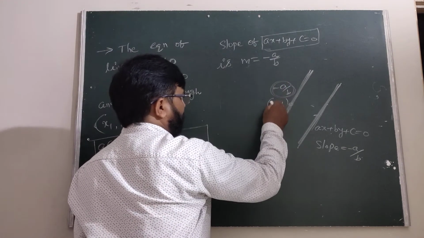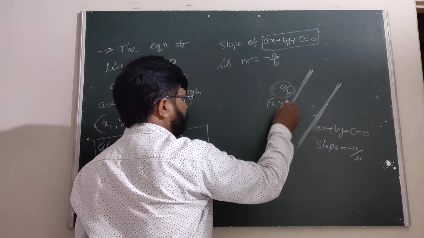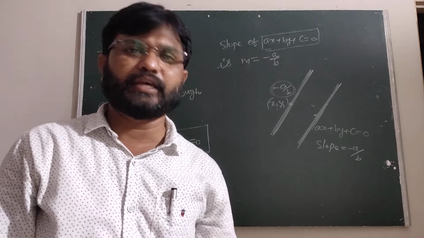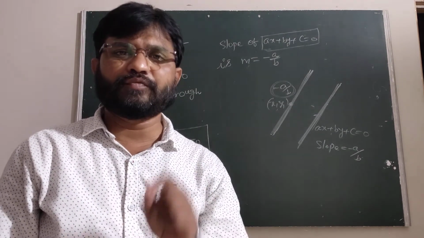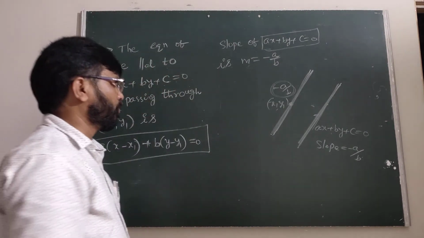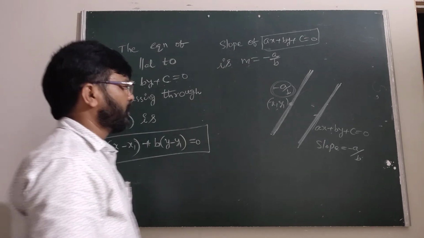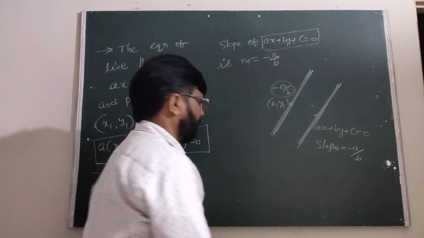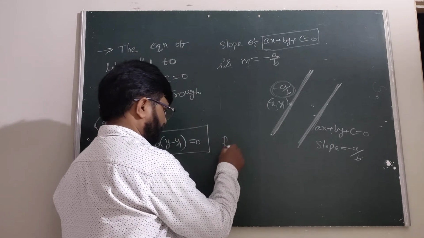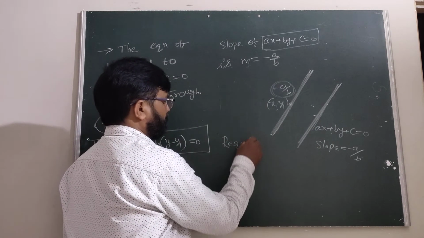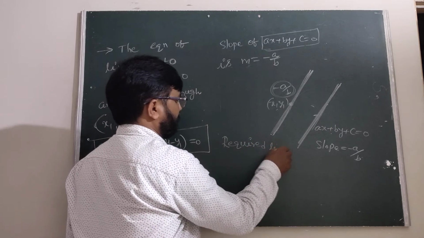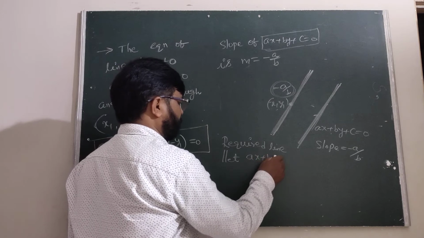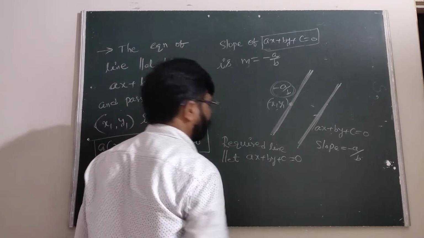We know the slope and point form. Then the equation of the line, by taking slope point form, is y minus y1 equal to m into x minus x1. Therefore, the required line is parallel to ax plus by plus c equal to 0.